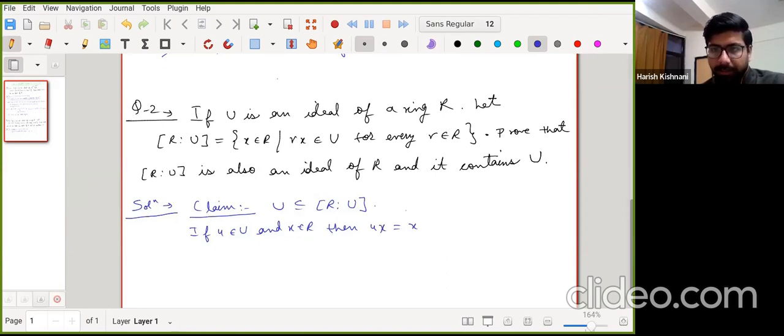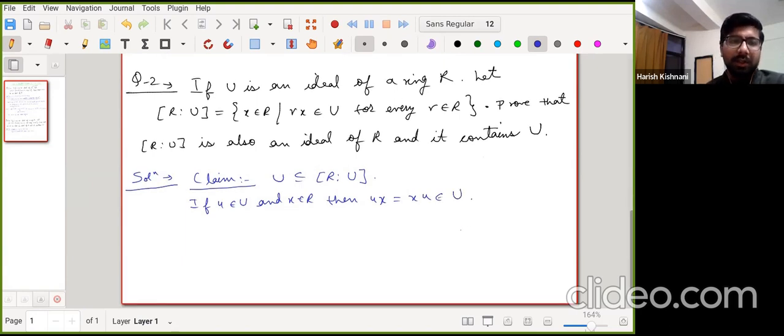So xu is the same as ux because you are in a commutative setup. And by the definition of this, xu is always inside U when your element u is inside the capital U. So this implies that U is contained inside this set R_U. So it definitely contains the ideal U.